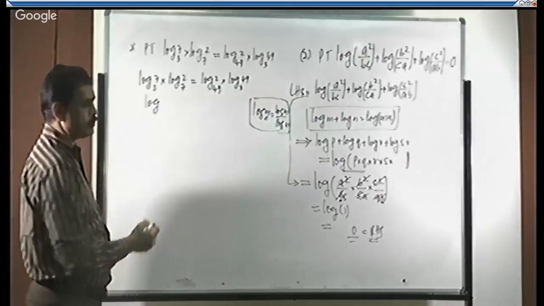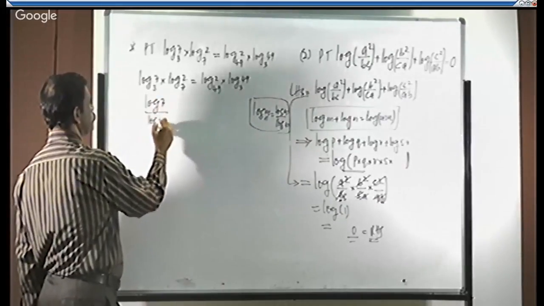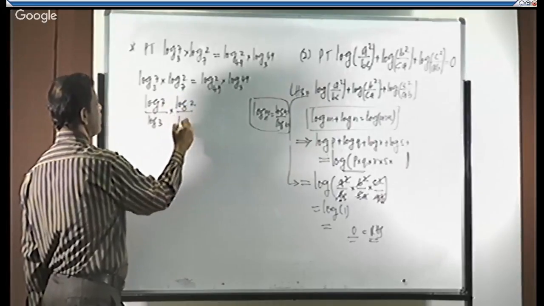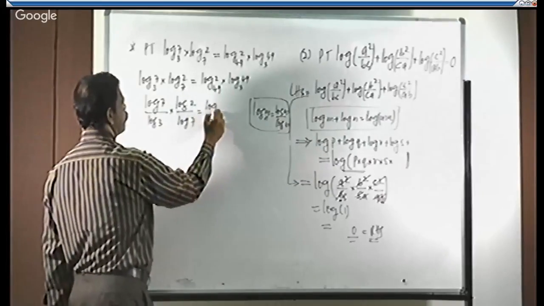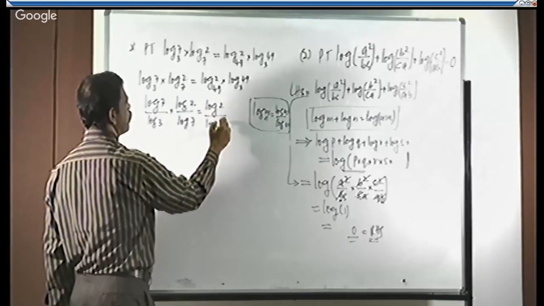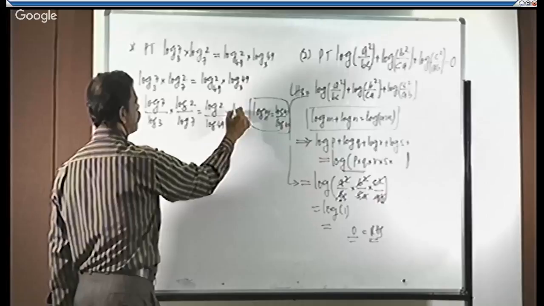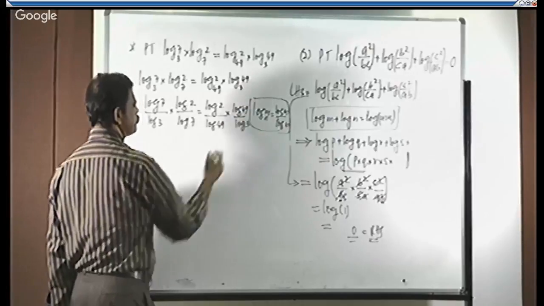Change of base: log 7 divided by log 3 into log 2 divided by log 7 is equal to log 2 divided by log 49 into log 49 divided by log 3.